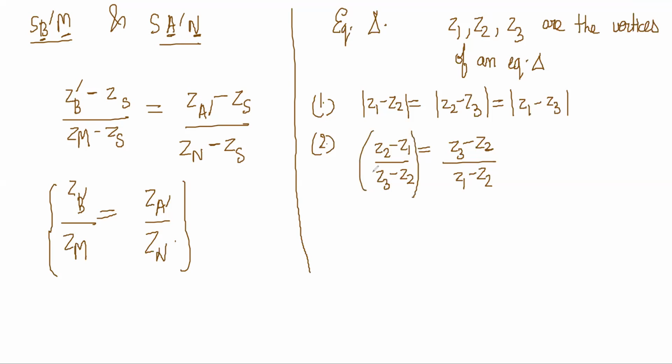This is not really an angle, but what it means is, this is becoming negative of Z1 minus Z2 by Z3 minus Z2, and this is becoming Z3 minus Z2 by Z1 minus Z2.